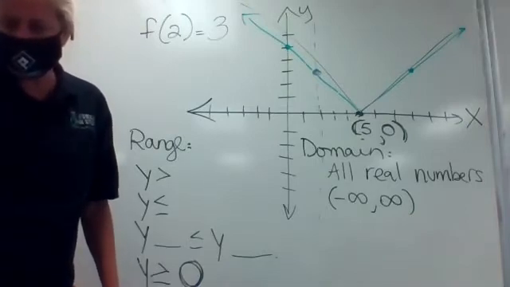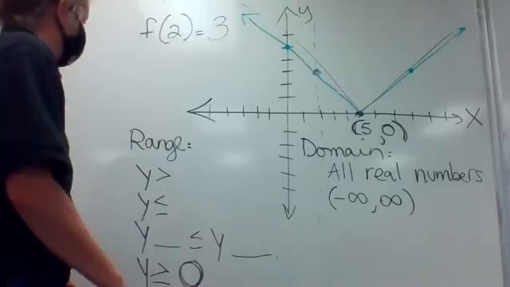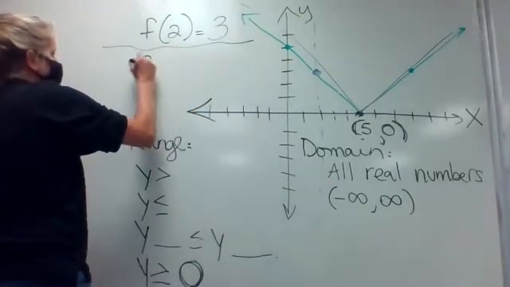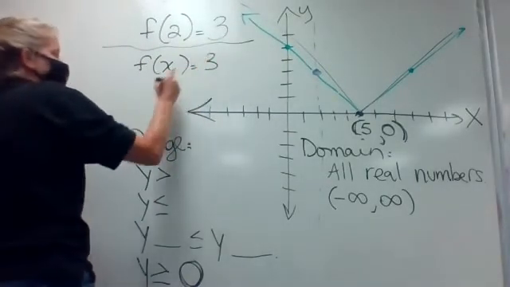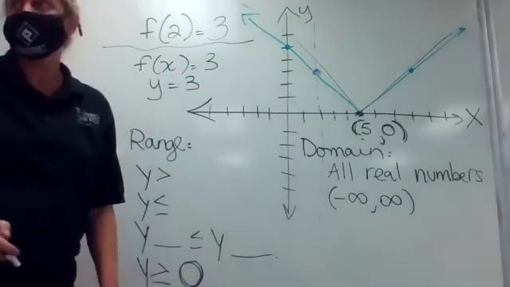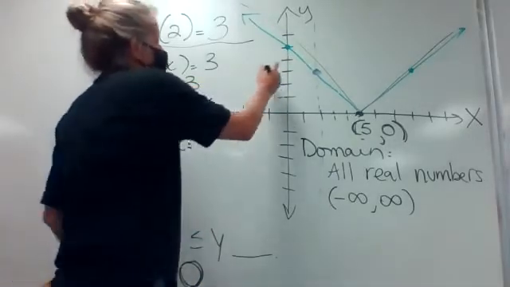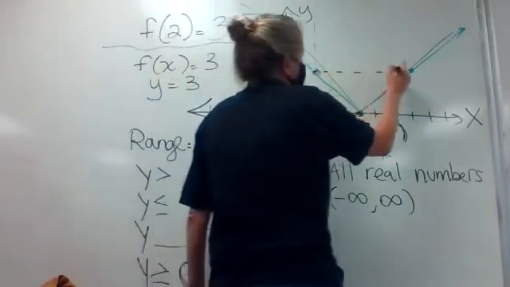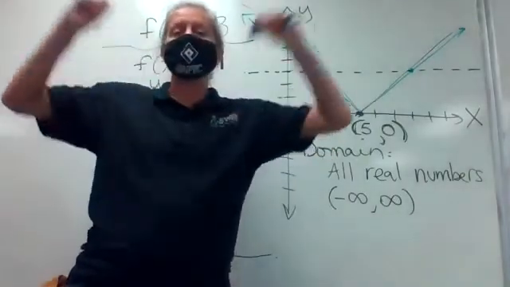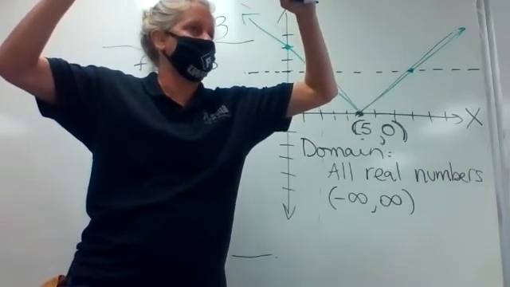And then it wants to know for what x values is f of x 3. So in other words, where y equals 3, what are your x's? So let's think about this. Where is y 3? It's 3 right here. So anything that is lined up with the y being 3, that's a point on the graph that has gone up 3, which makes its y coordinate 3.